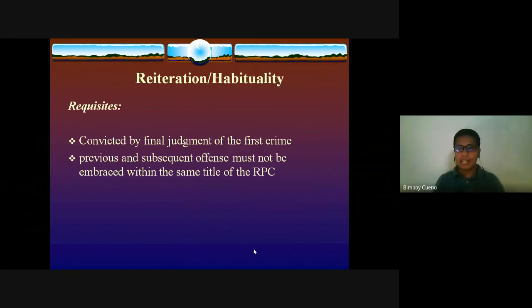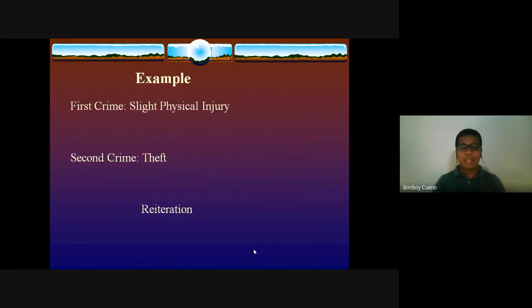The only difference is that in recidivism, the subsequent offense or the succeeding offense must be of the same title of the Revised Penal Code. While in reiteration, the subsequent or the succeeding offense must not be of the same title of the Revised Penal Code. So if we take a look at example number one, slight physical injury, first crime, second crime is theft.